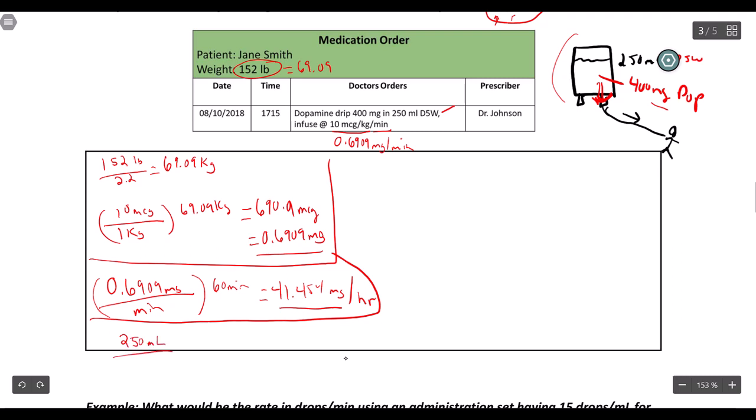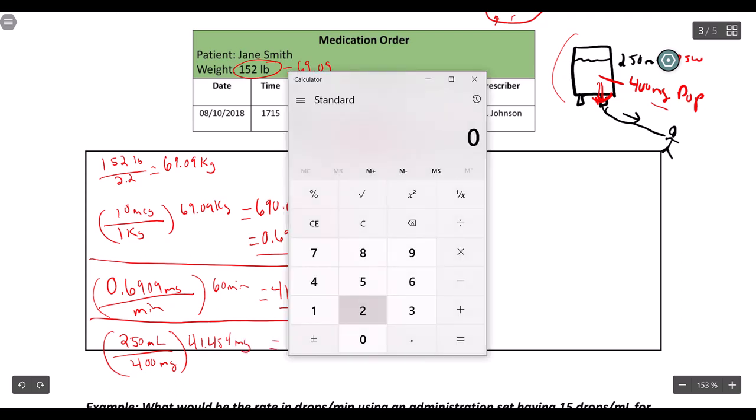If I need 41.454 milligrams, how many mLs is that? So 250 mLs contains the 400, times 41.454. I get 25 point, let's say 91.